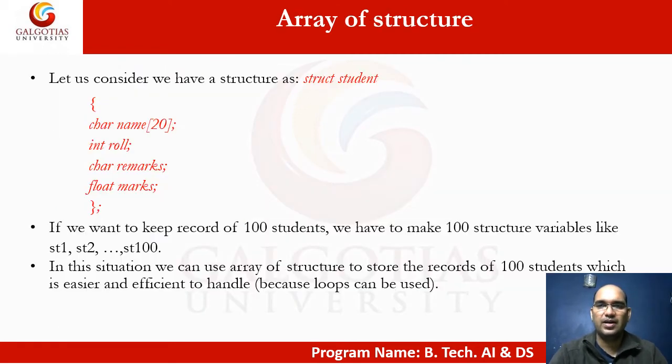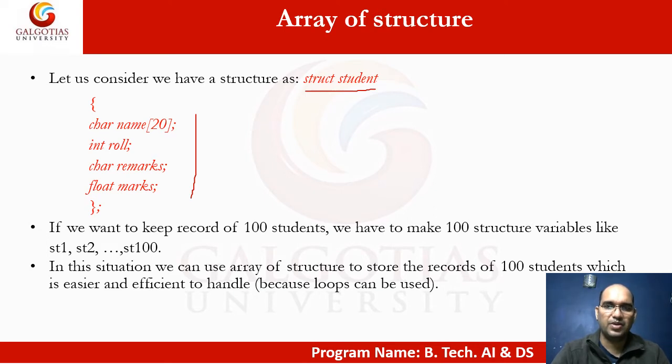Now coming to the array of structure. Let's consider we have a structure, struct student. What are the different fields in struct student? We have char name[20], int roll number, char remarks, and then float marks. This is a structure, and these are the members of this particular structure.